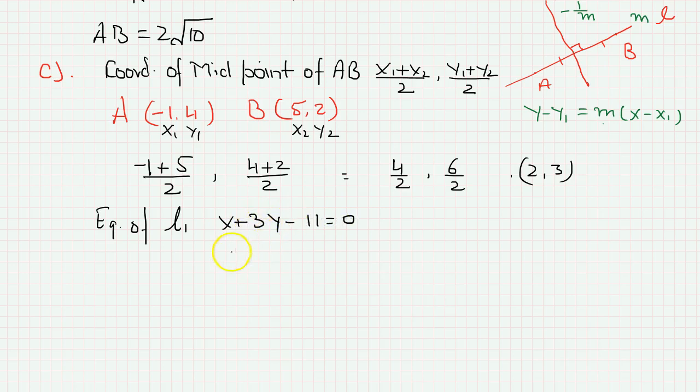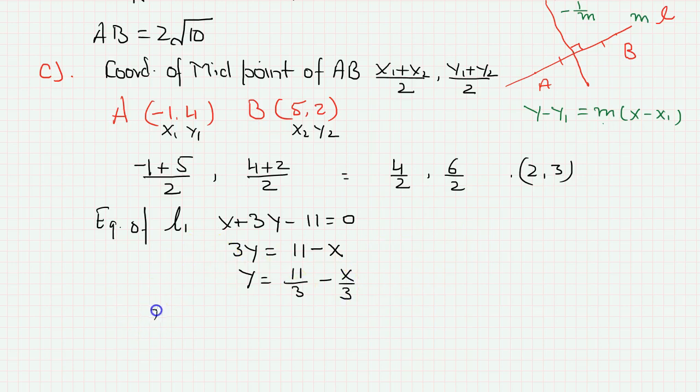We make y the subject. So 3y is equal to 11 minus x. So y is equal to 11 over 3 minus x over 3.